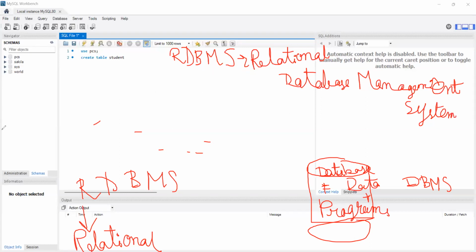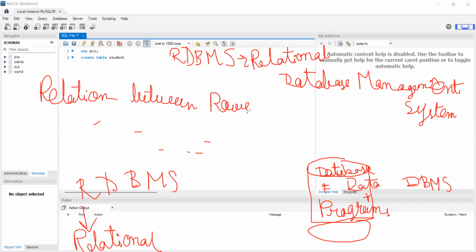The relation that is established in RDBMS is called a cell, meaning the relation between rows and columns is called a cell.